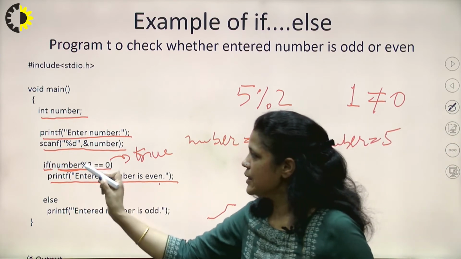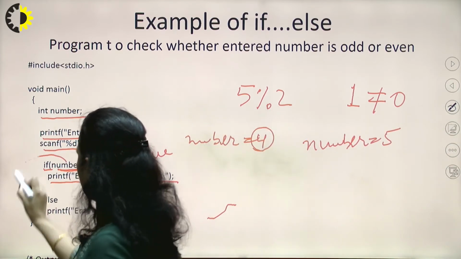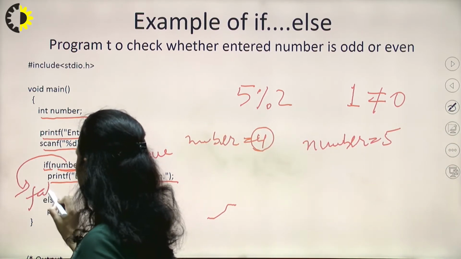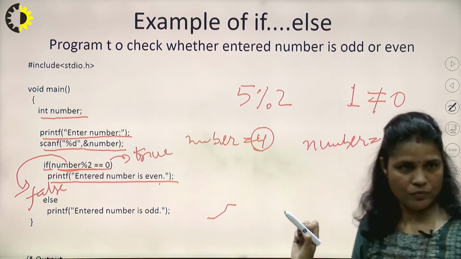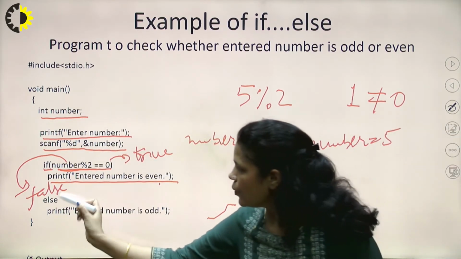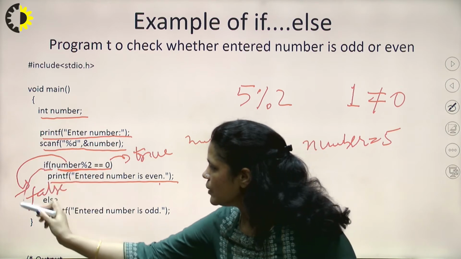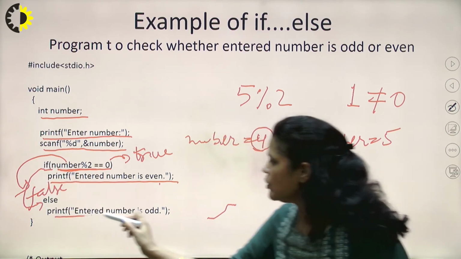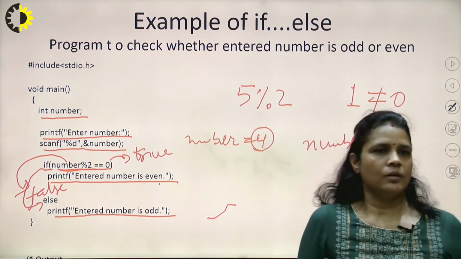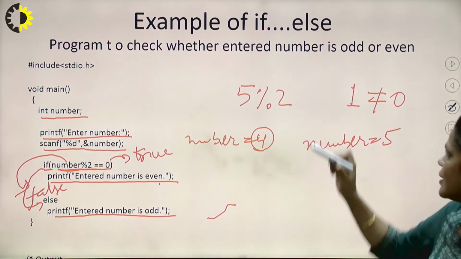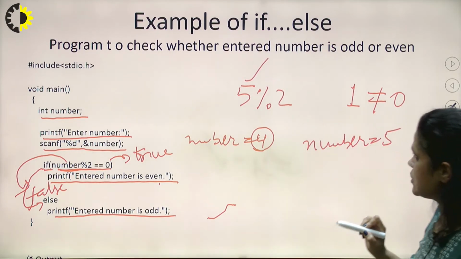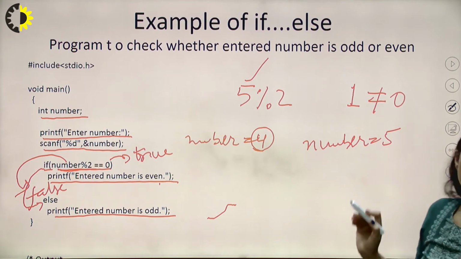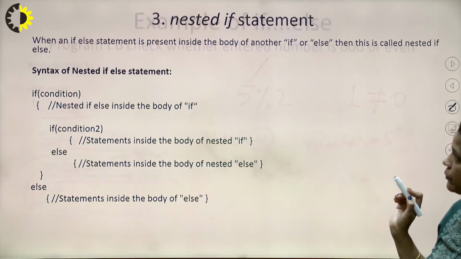It means this condition becomes false when the number is equal to 5, right? So compiler's control will come here in the else part, and what will be printed? Entered number is odd. As you can see, this 5 is an odd number, right? So that is how this if-else statement works.